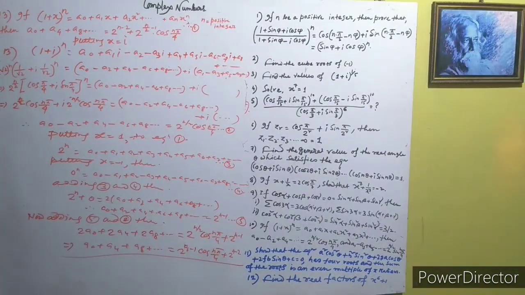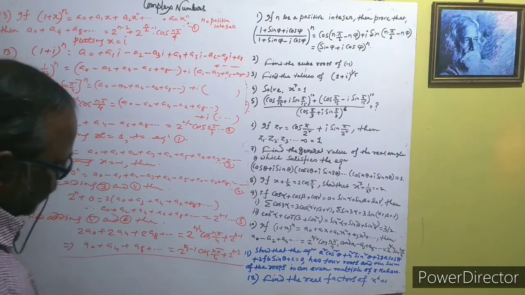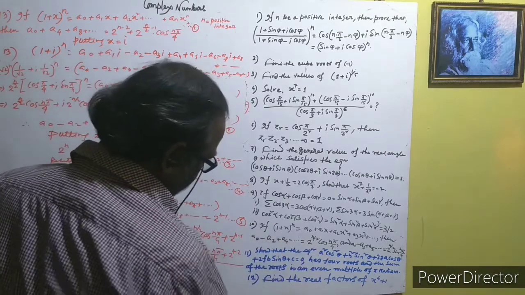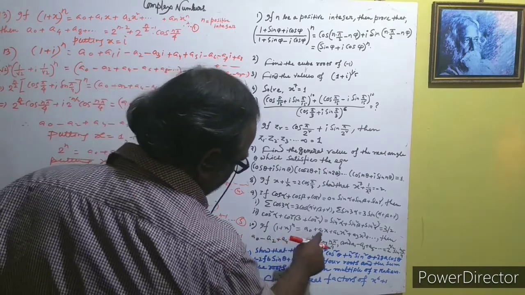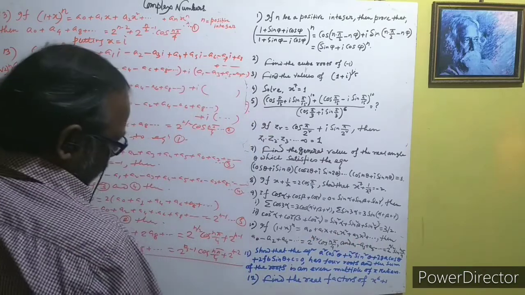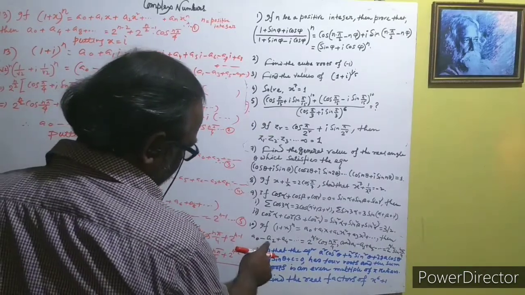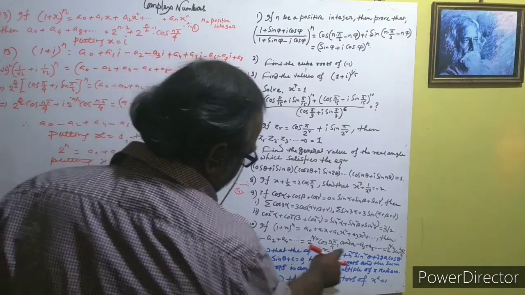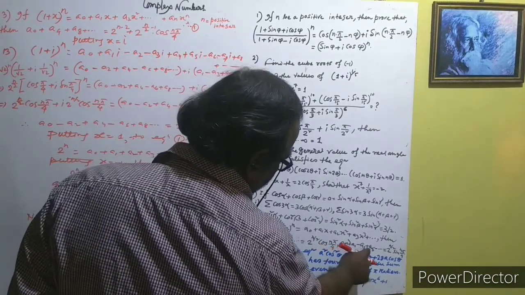In case of solving the 13th problem, see the 10th is also complete here. So here is 1 plus x to the power n, a0, a1 x, a2 x square like this. So you have to show a0 minus a2 plus a4 minus this, and a1 minus a3 plus a5 is this.